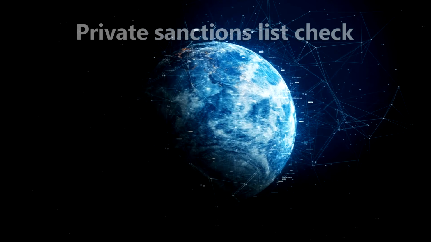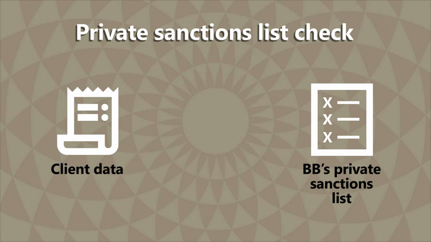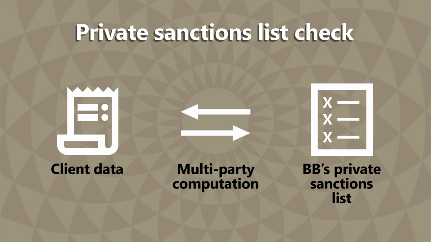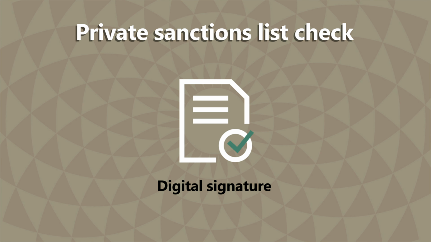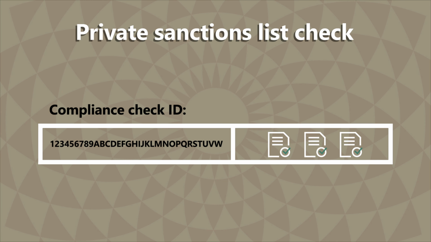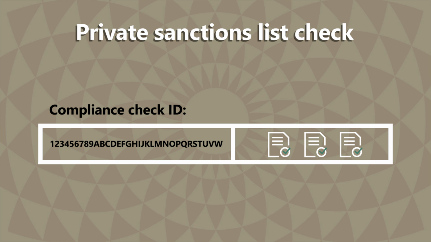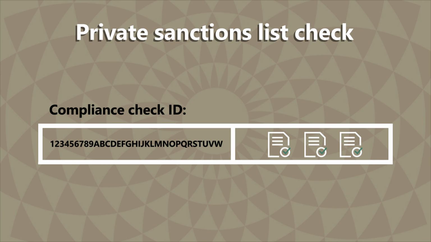For the beneficiary's private sanctions list, the client's data and the beneficiary bank's private sanctions list are compared using secure multi-party computation to ensure privacy. The results are digitally signed by both parties and mapped in their databases against the compliance check ID. These examples show how Mandala can perform checks while preserving privacy between the transacting parties.